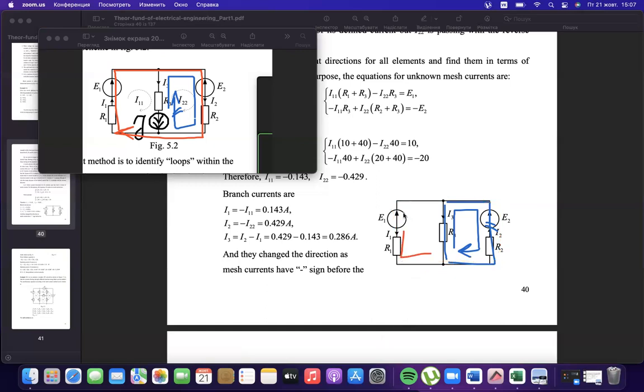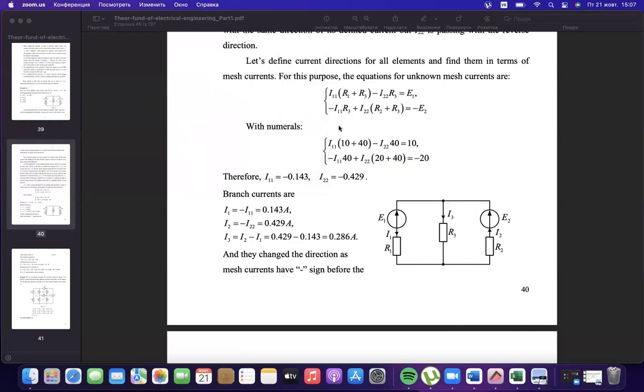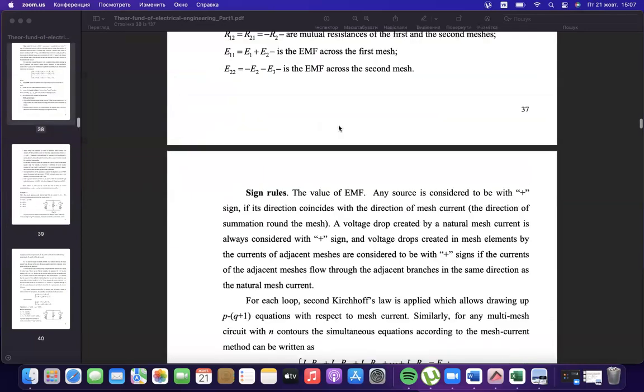Why, generally, in the absence of a current source, do we take the internal mesh? Because the equation will be simpler. Because if you take the internal mesh, the number of resistances will be less. Let's just compare for some complex circuit.